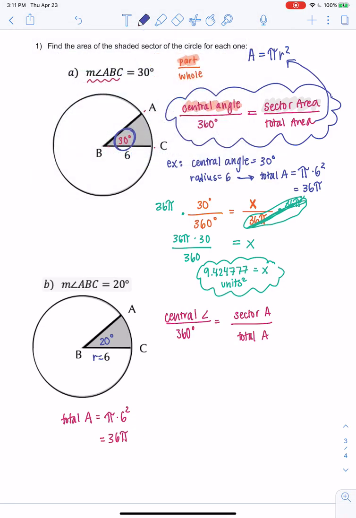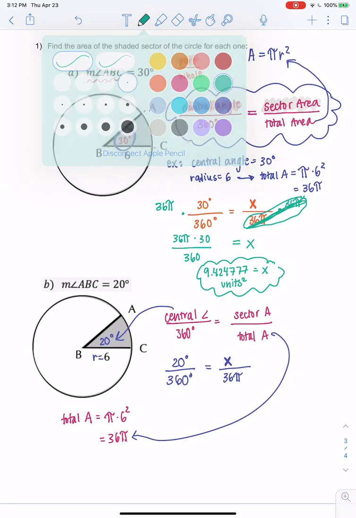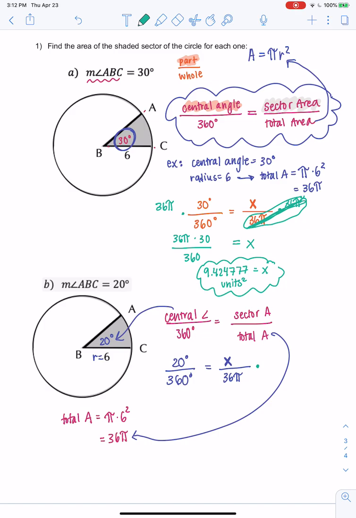So our central angle, 20 degrees, over 360 degrees is equal to sector area. That's unknown, so we'll give it an x, over total area, which we found out was 36 pi. Great. Now we're going to do the same algebra work that we did before. We're going to multiply by the denominator to make it go away, and what we do to one side, we have to do to the other.